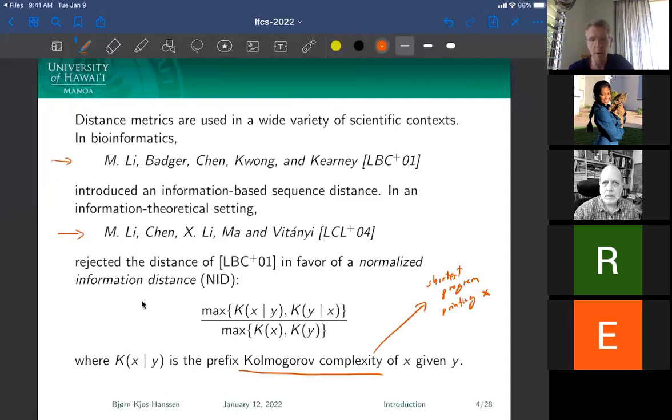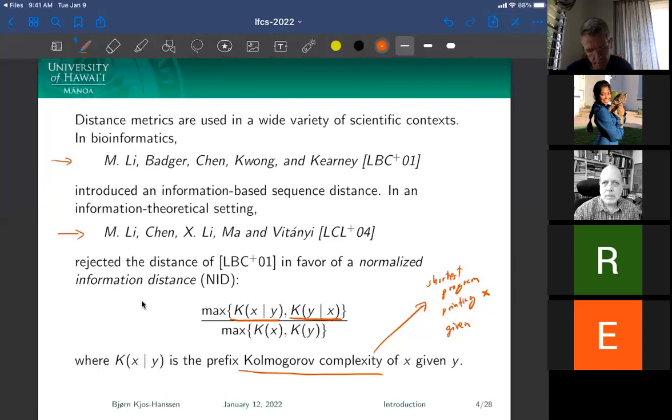And if it's given Y, that means that Y is like a database that's available to the program. So if X and Y are very similar, or if you can easily describe what X is in terms of Y, then this complexity of X given Y would be small.